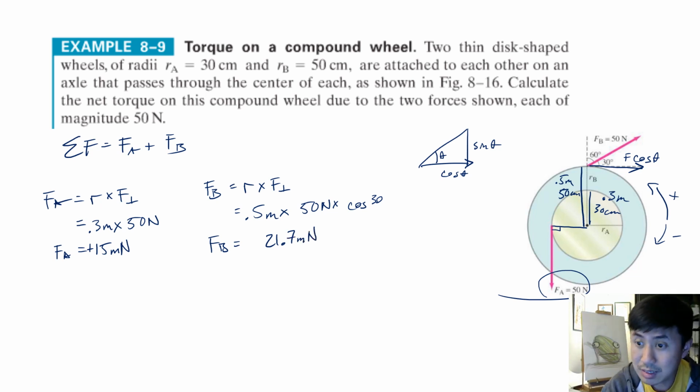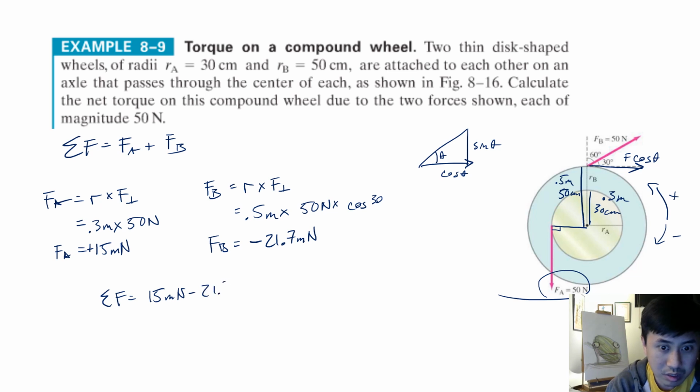But wait, think about the sign. It's going clockwise, so it has to be negative. So our sum of torques is equal to 15 meter newtons minus 21.7 meter newtons. So our sum is equal to negative 6.7 meter newtons.